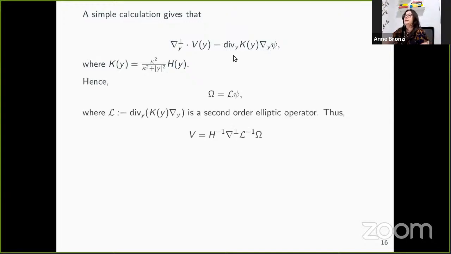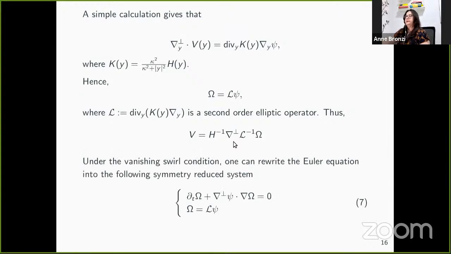So in other words, this is nothing else than the vorticity, this capital omega. So this is a second order elliptic operator. This guy here, which I call L, is a second order elliptic operator. And then you can write omega in terms of psi, the stream function, and then you can recover the velocity from omega using this formula here.